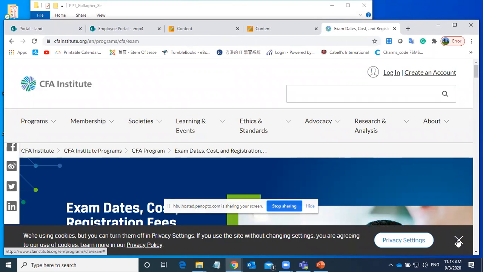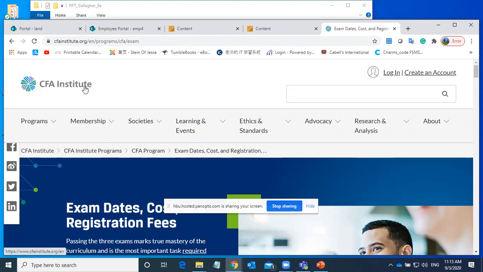This is the official website for the CFA Institute. If you want to do that, you take the CFA exam. It's like an international certification. Most countries recognize the CFA certificate as master level. You can even get much better pay than with a graduate degree.